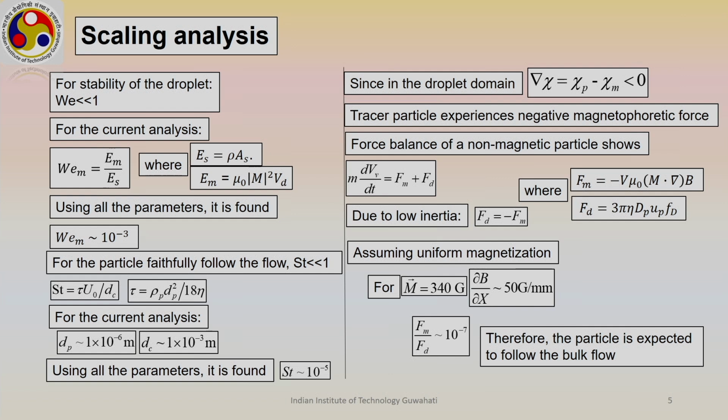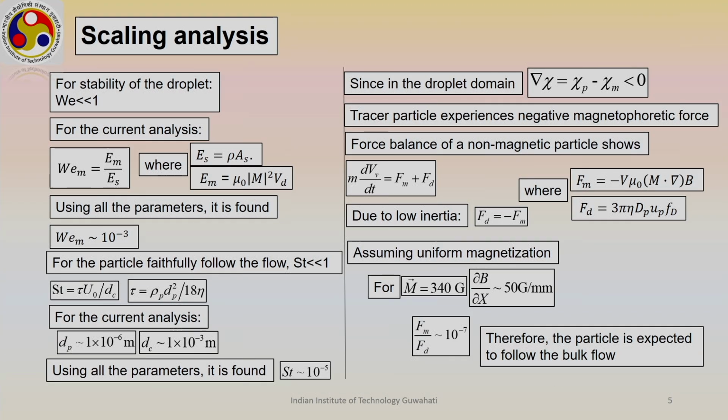So what I mean to say is, if we switch on the magnetic circuit, the magnetic field will be developed, and the particles which are very close to the droplet periphery, in the region very close to the magnetic core, will try to move towards that periphery.